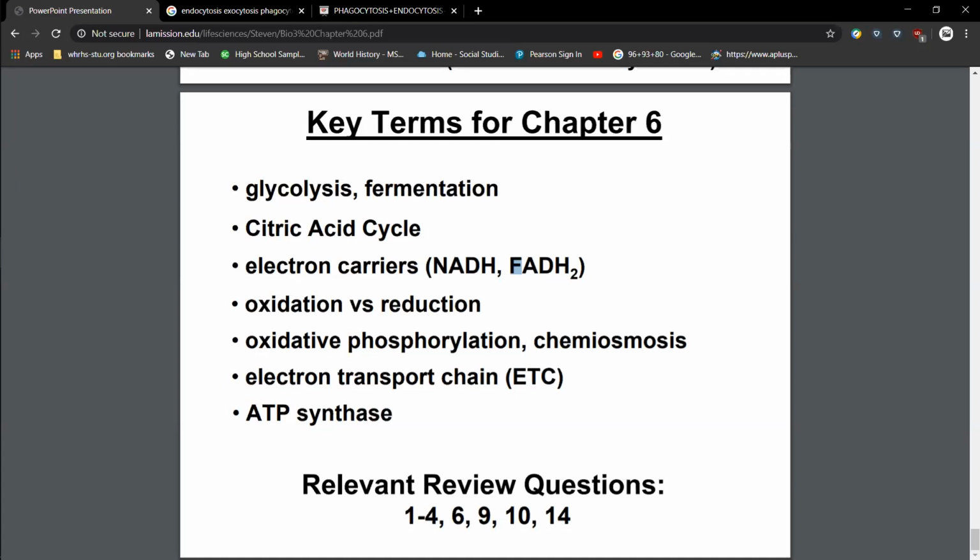So oxidative phosphorylation, anyone wants to give me a sentence describing oxidative phosphorylation?